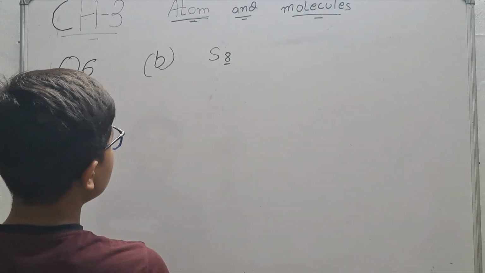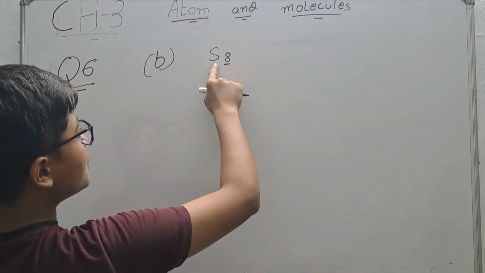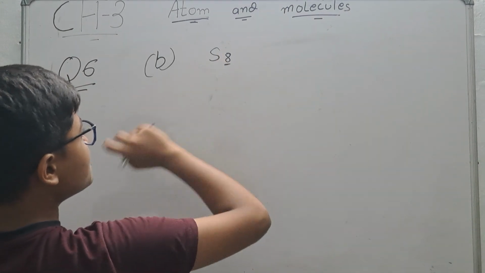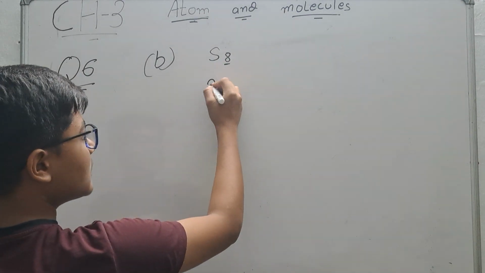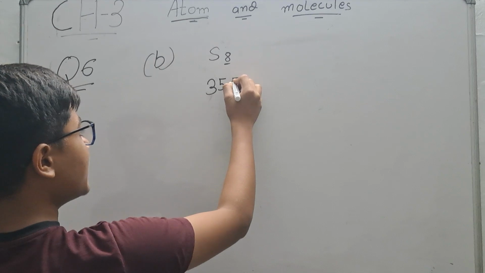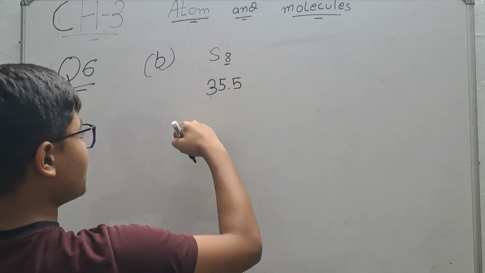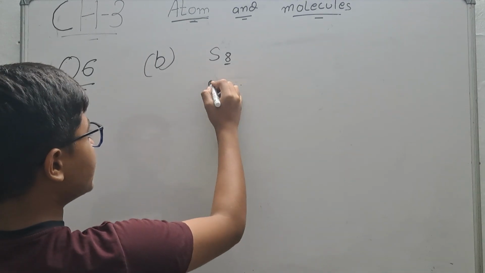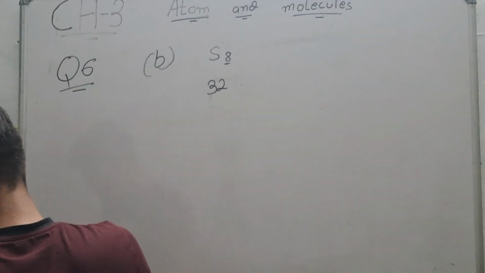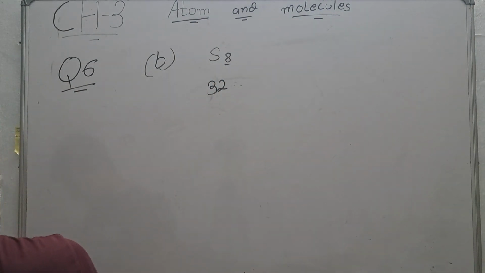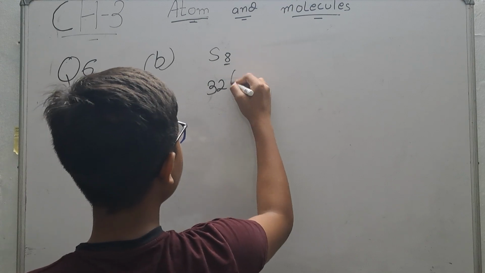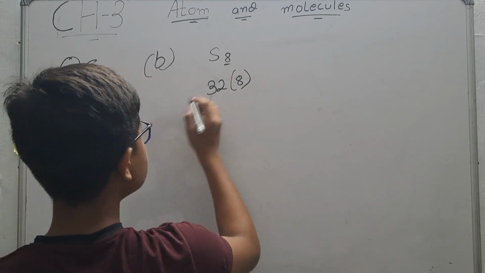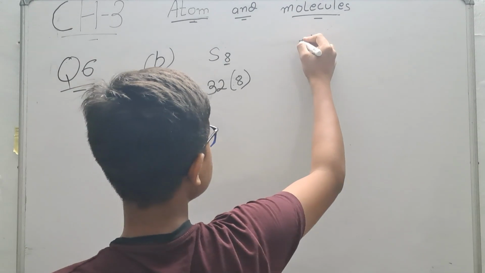There are 8 atoms of sulfur. So the mass of sulfur is 35.5. Am I right, students? 35.5? Wrong, students. Not 35.5, 32. The mass of sulfur is 32 and 8, we will multiply by 8. What will be the answer? Comment your answer. In the last, I will write the answer.